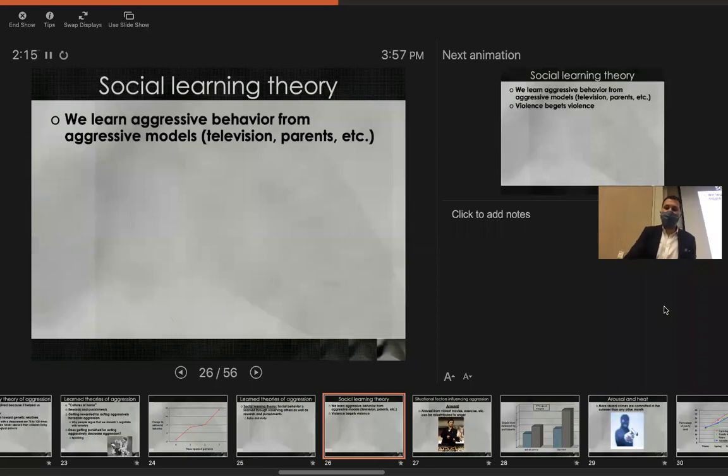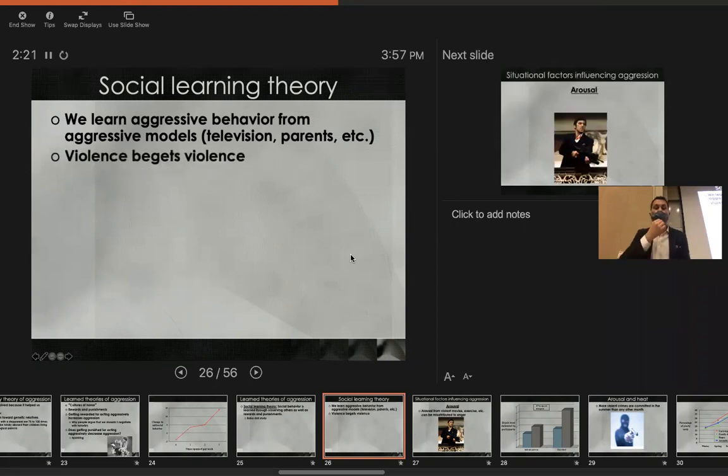And it's partly for that reason that children who are abused tend to be more likely to become abusers of their own children when they grow up, which makes sense in the context of social learning theory, because those kids who are beaten or spanked or abused learn that adults use violence to get what they want, and therefore they're more likely to use violence on their own children.